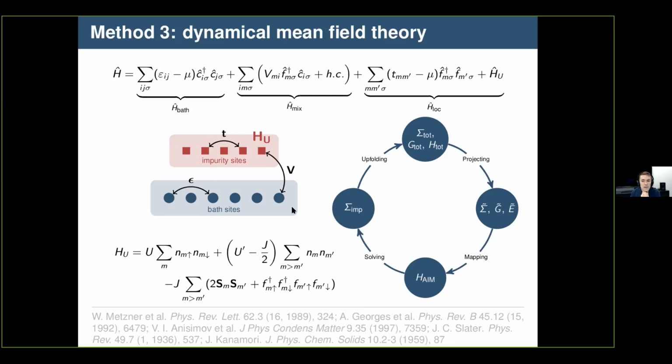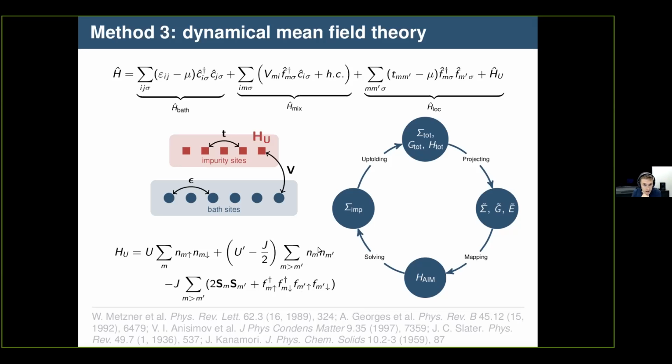The end result is that, having done this mapping, you now have this Hamiltonian, and the important distinction is that we've got this interaction term, H of U, which has some honest to goodness many-body physics contained within it. So now we've got the possibility of getting things like satellites and quasiparticle lifetimes coming out of this theory, as opposed to previously where none of that was possible. Previously, by which I mean the Koopmans spectral functionals and DFT+U.